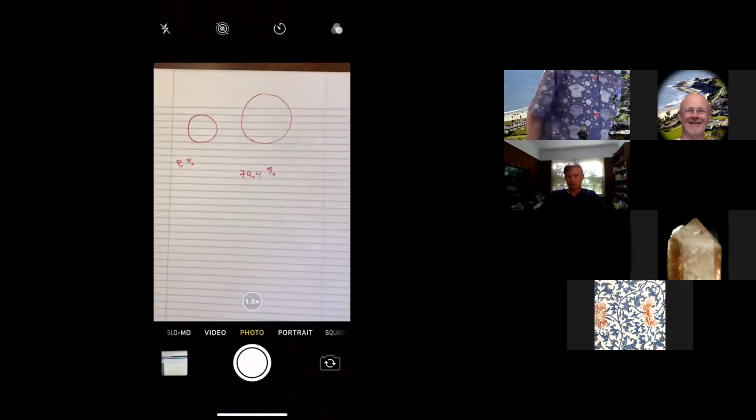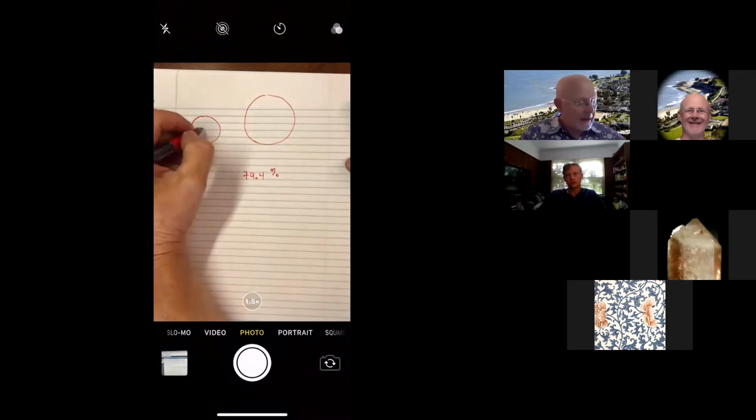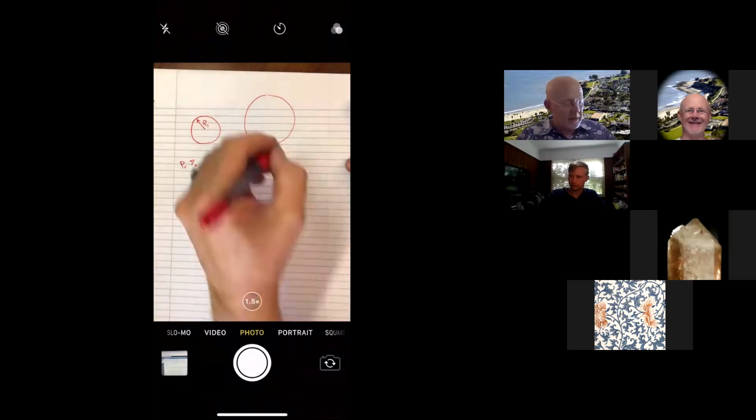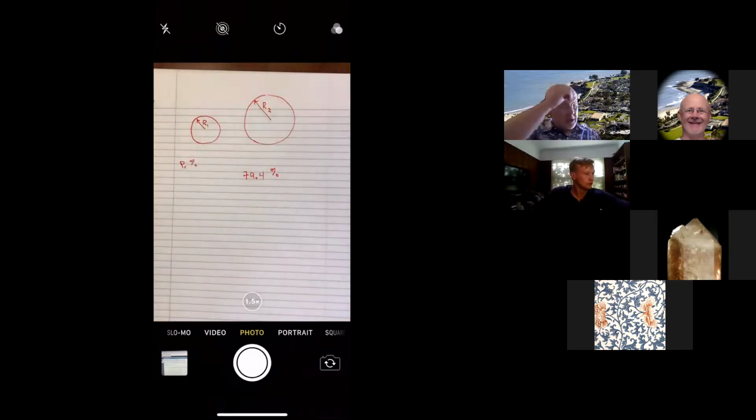Nice. Okay, so here's what I drew while I was reading that. I've got two pizzas here for discussion. Let me call this R1. That's going to be the radius of the small pizza. And let me call this R2.